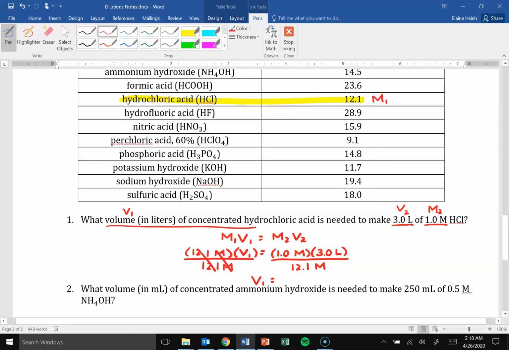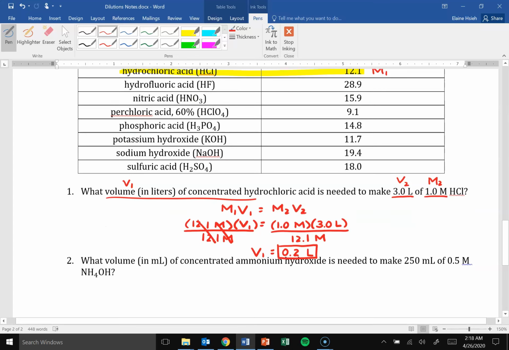And V1 is equal to 1.0 times 3.0 divided by 12.1. And the answer is 0.2479. Now I'm going to round it to just one decimal place because that is what V1 had. So 0.2 liters. And that is our answer for number 1.